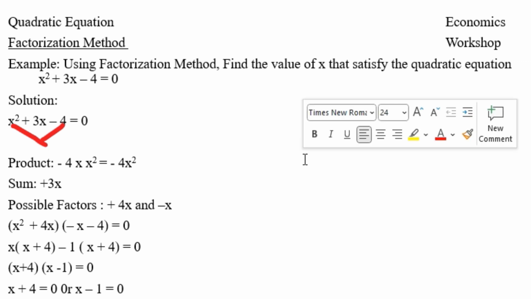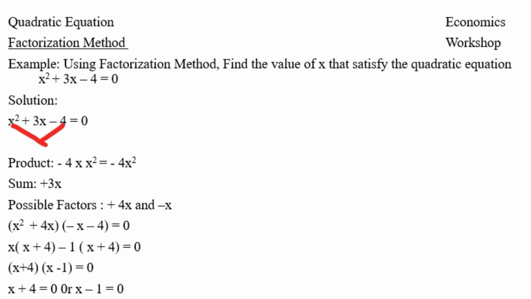So we have x equals minus 4, or x equals 1. So these are the two possible values of x that satisfy this quadratic equation.